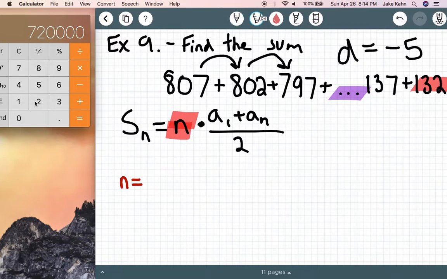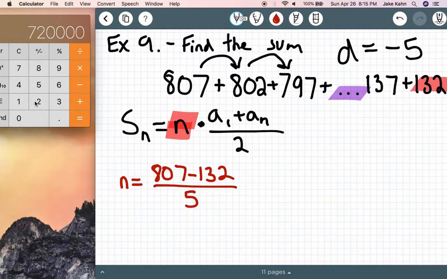What you need to do is just a very simple equation to figure out the answer for this, all right? What you're going to do is 807, the first number, minus 132, the last number, and you're going to divide it by the common difference.